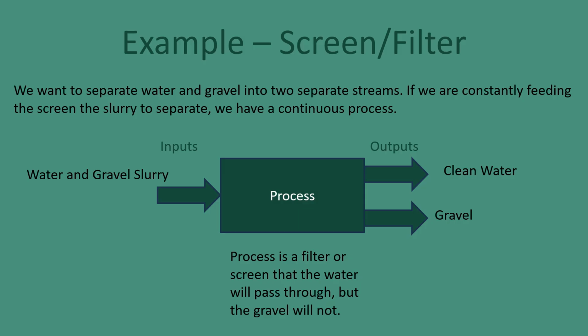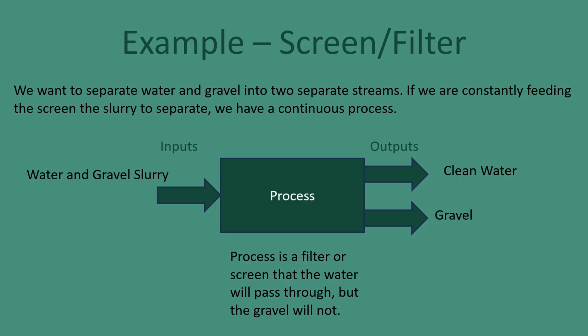The next process we're going to look at is the process of screening or filtering. We want to separate water and gravel into two separate streams. In this case, we're going to feed the screen a continuous slurry of gravel and water, and then we want to separate it out into a continuous stream of clean water and gravel.